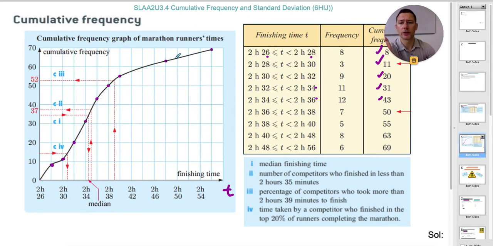That's useful because we can interpolate data and look inside and make some predictions. Like, tell me, what's the median finishing time? Like, when were half the people done? Well, there's 69 people, so 35, right?